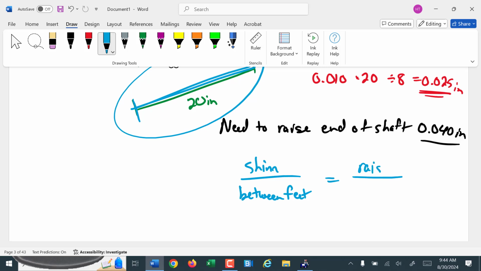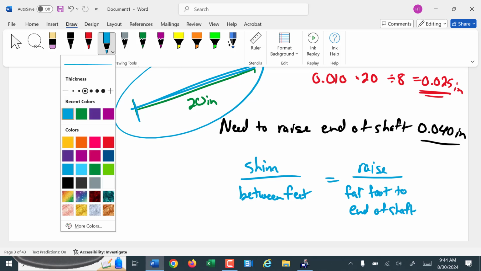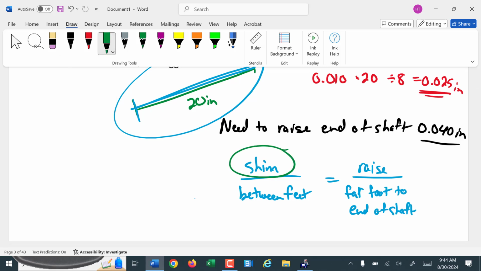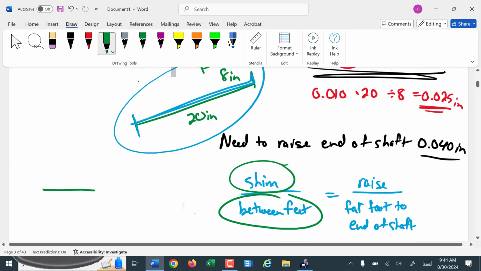We set up the same ratio, so the ratio is going to be the shim over the distance between feet is going to equal, we'll just say the raise over the far foot to end of shaft. So it's the same formula we had up there, just written out in words.